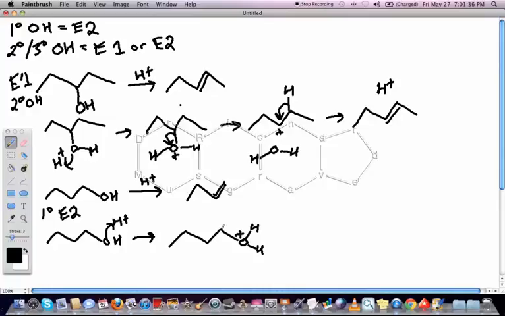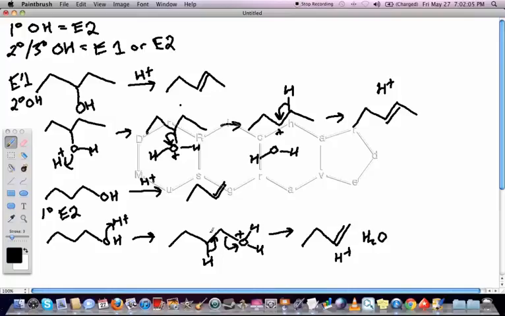H heads onto the oxygen, and then in a simultaneous fashion we lose the CH that's next to the C that had the OH and the water all at the same time. And that gives us our double bond.